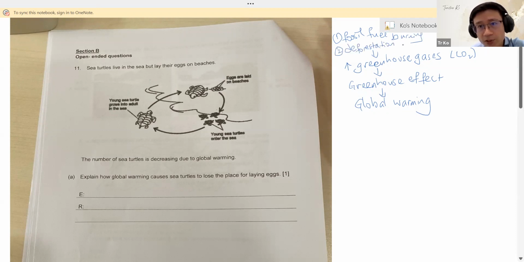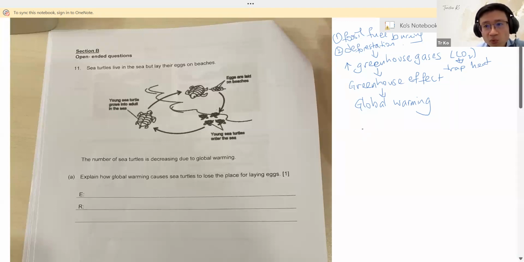Because of these two main culprits, the amount of greenhouse gases in the air increases, the carbon dioxide increases, it traps more heat, which leads to the greenhouse effect. This traps heat in our atmosphere, causing the greenhouse effect, and the earth's temperature increases as a result.